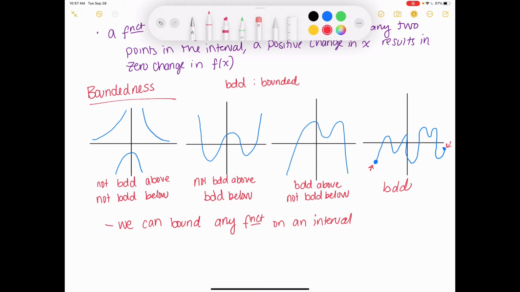We can bound it like you see in the fourth graph. That could have been a function that would have kept going, but we chose to bound it, not an English teacher, remember that, between those 2 points, and that's how we would do that on an interval.